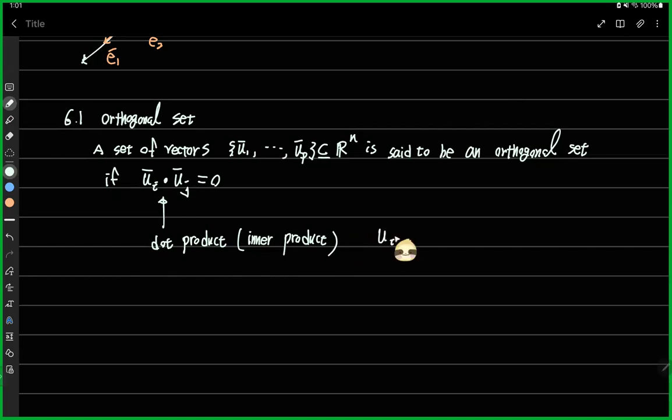ui dot uj is equal to, let's say ui is a column vector.